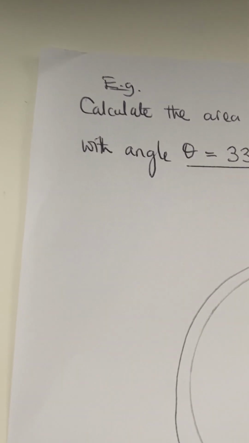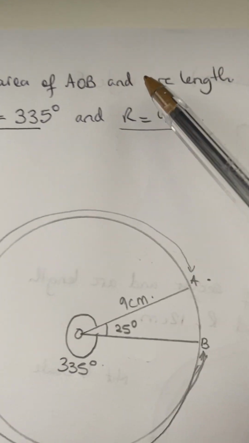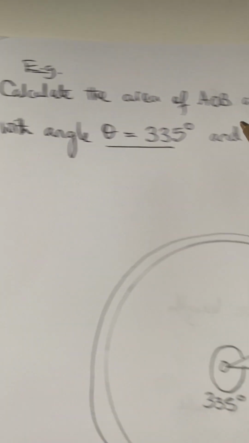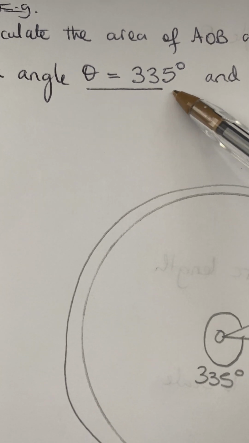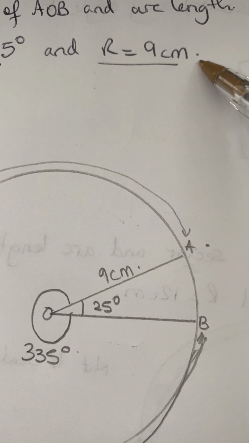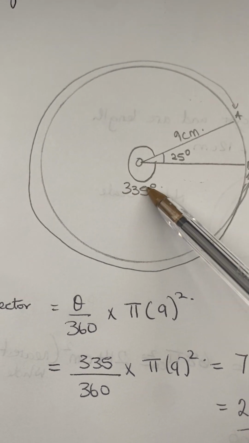Our second example: calculate the area AOB and arc length, with angle theta 355 and radius 9 centimeters. So the full circle is 360.